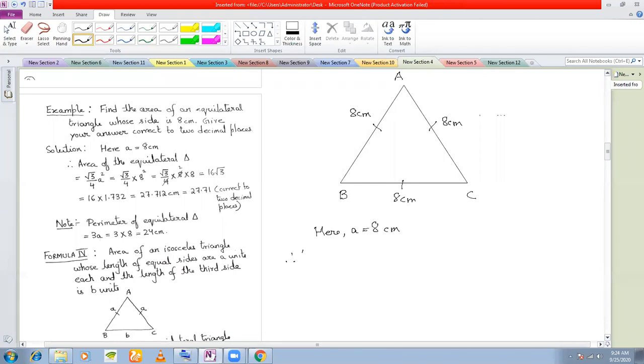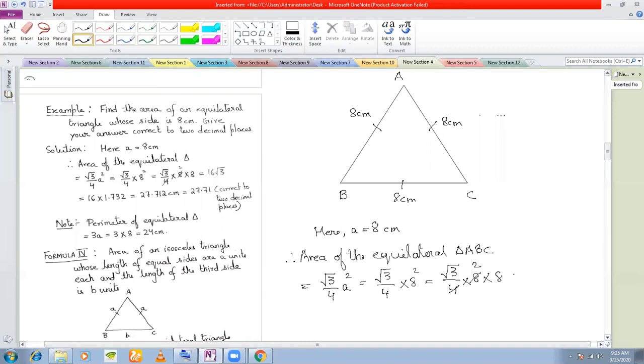Okay. Therefore, what is the area of equilateral triangle ABC? It is root 3 by 4 a square. So root 3 by 4 into 8 square. Root 3 by 4 into 8 into 8. You cancel this, you get 16 root 3.